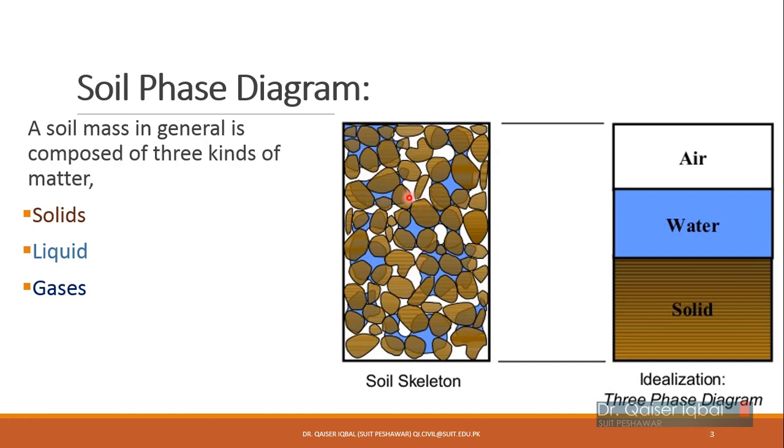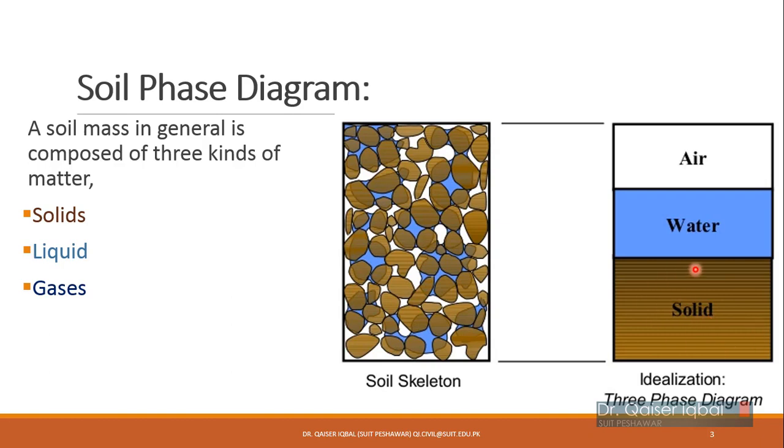If we simplify and separate the volume occupied by each into a separate portion, this is known as a three-phase diagram, comprising three different phases.